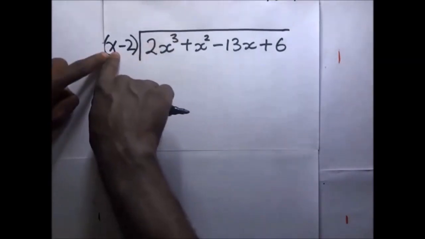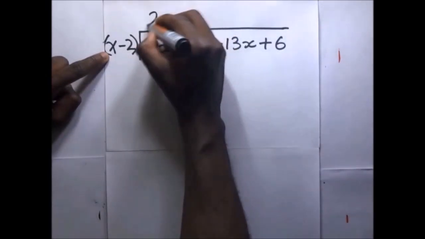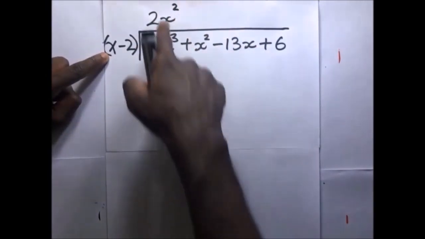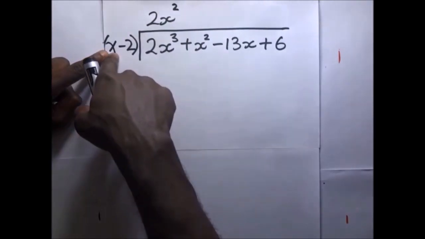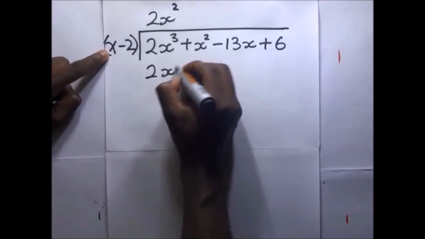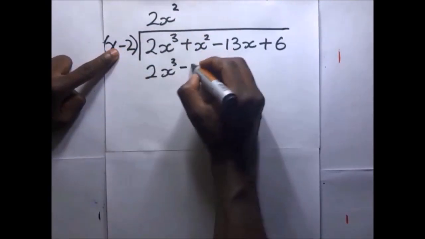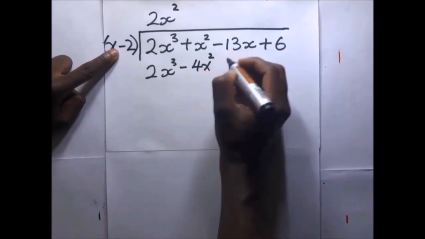2x cubed divided by x, you will get 2x squared. So 2x squared multiplied by x gives 2x cubed. Then 2x squared times negative 2 gives negative 4x squared.